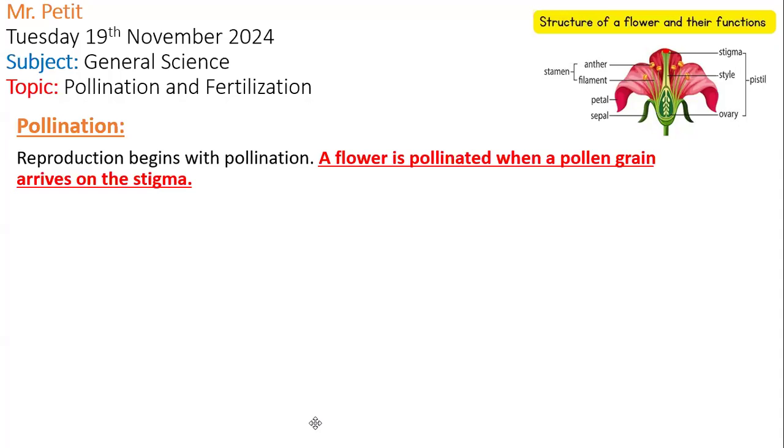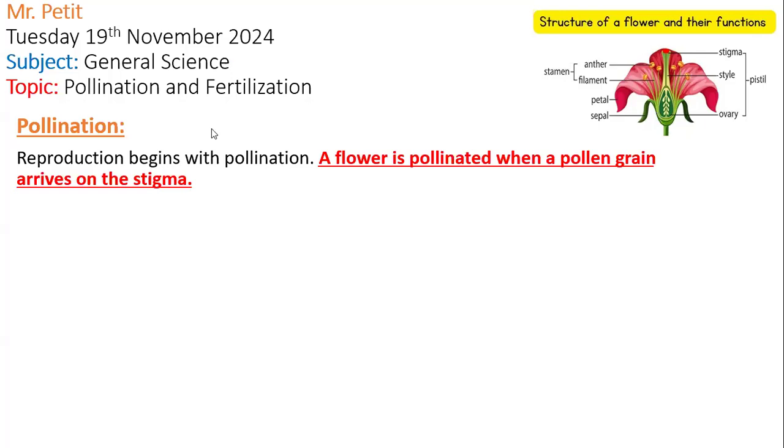Where's Charisse? Are you paying attention? What do we mean when we say a flower is pollinated? When a pollen grain arrives on the stigma.